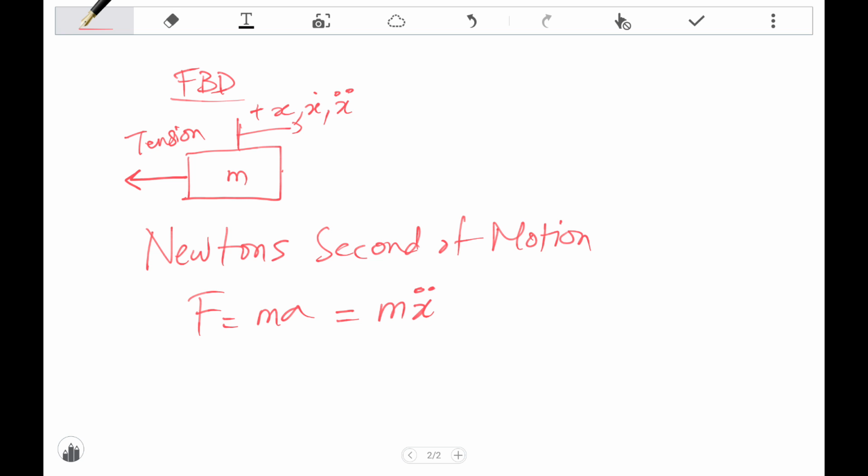So we're going to sum the forces of this system here, where you consider this direction to be positive. The sum of the forces: m times the acceleration is equal to the force of the spring, so minus F spring.